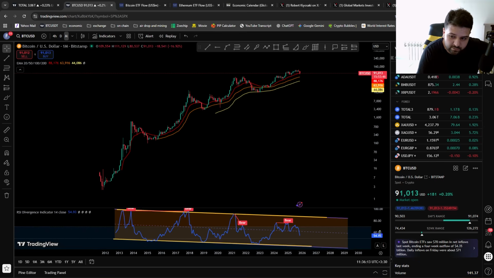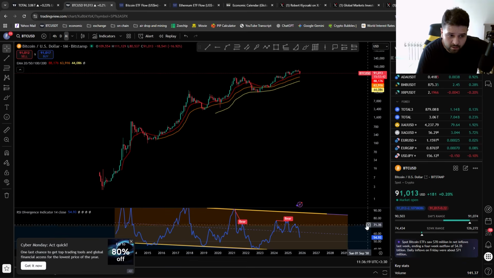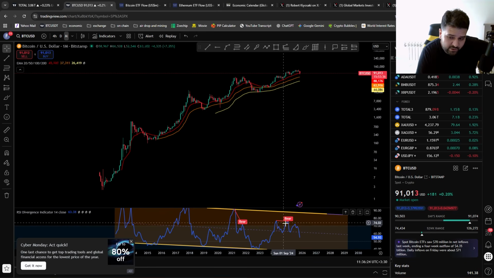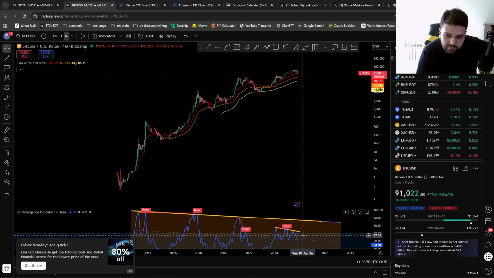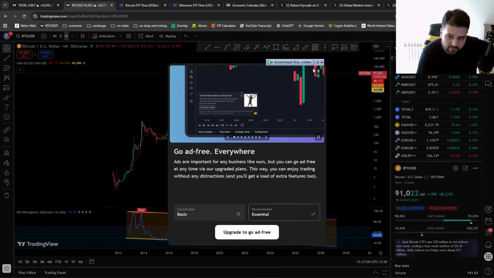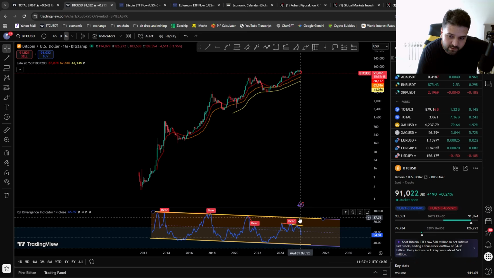If you go to the Bitcoin monthly chart, there is an inverse head and shoulders on the RSI. You can see that, and we broke down our neckline, and on the monthly time frame RSI, we are in a descending channel, and we couldn't touch our high at the 88 level.